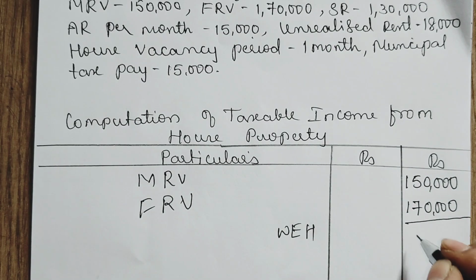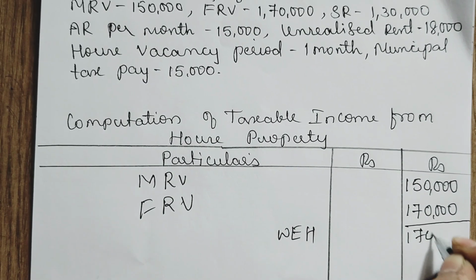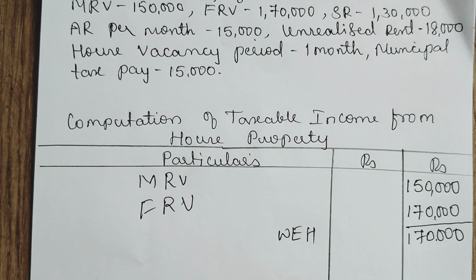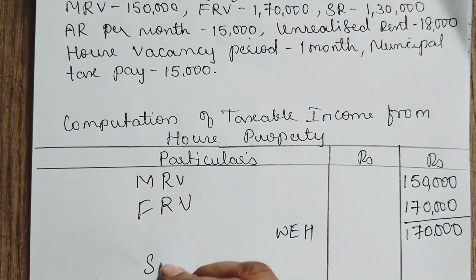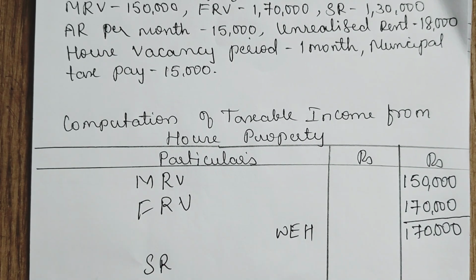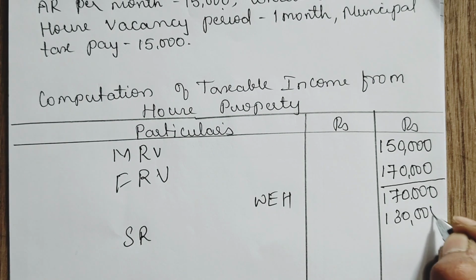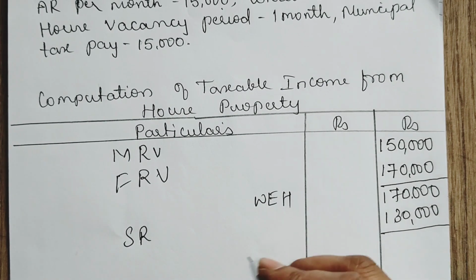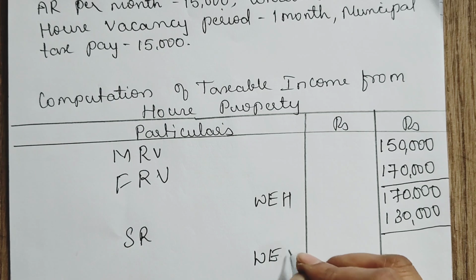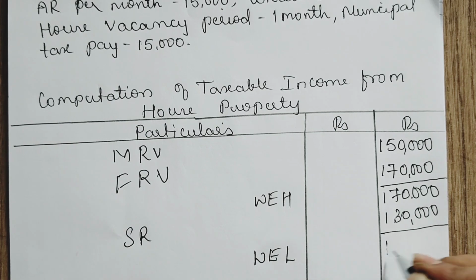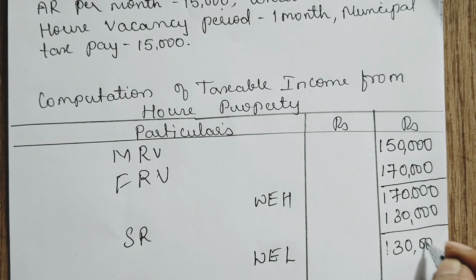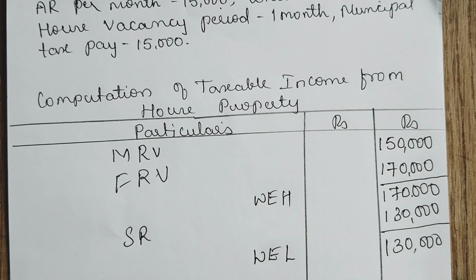What is the higher amount? 1,70,000. Now standard rent we are comparing. Standard rent is 1,30,000. Now we are considering whichever is lower, that is 1,30,000 we are considering.